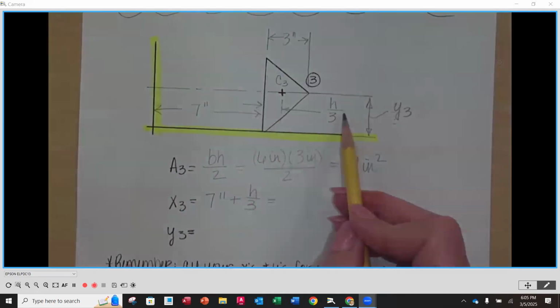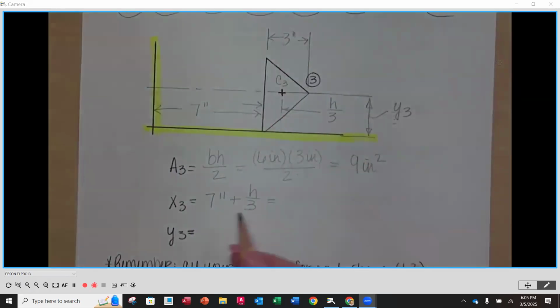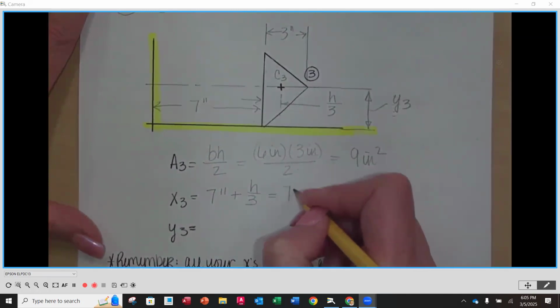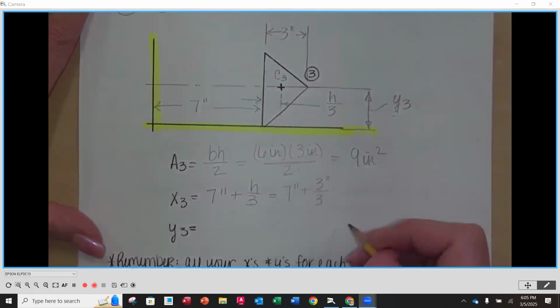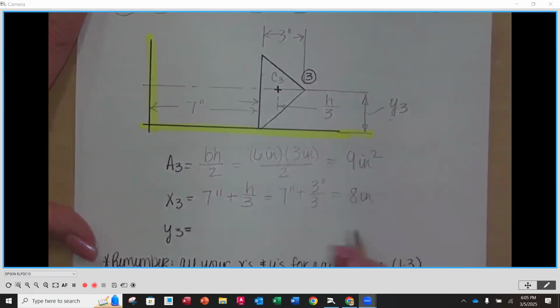And then this is going to be 1/3 the height, the overall height here of 3. So this is going to be 7 inches plus h over 3. So it's going to be 7 inches plus 3 inches divided by 3. So we should get 7 plus 1. 8 inches is going to be our value for our X3.